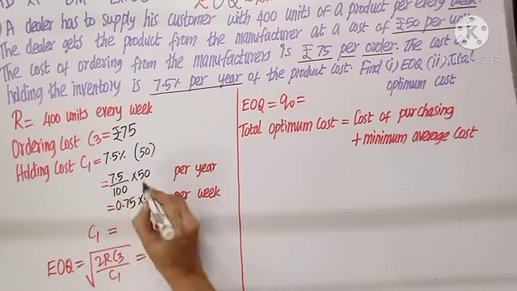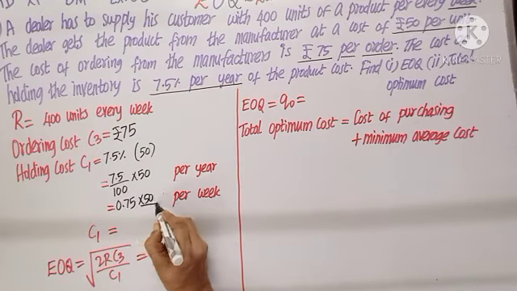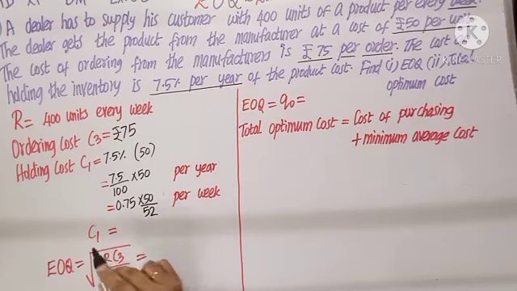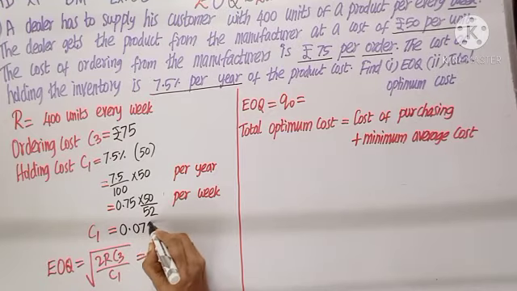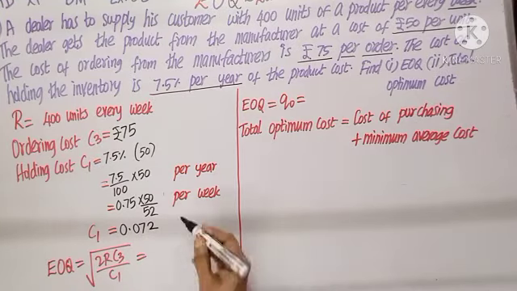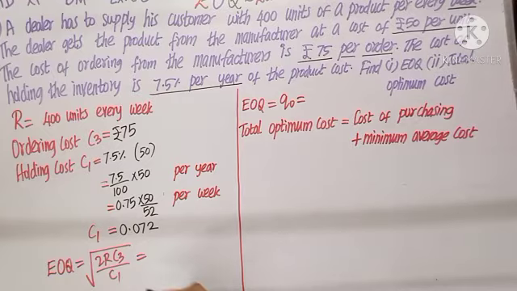So, whatever answer I get, divide by 52, so that I will get C1 per week. And my answer is 0.072. Now let us substitute. What is EOQ?